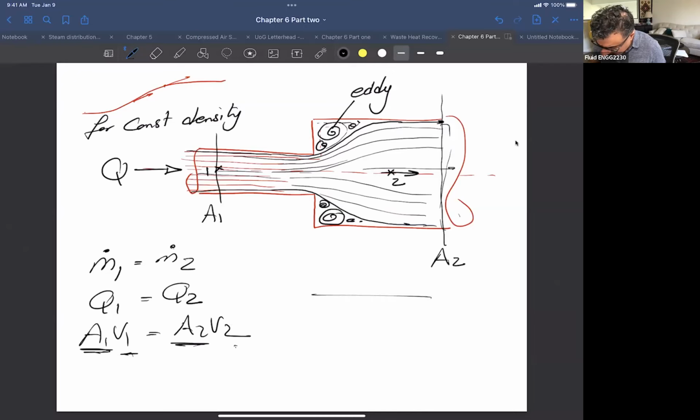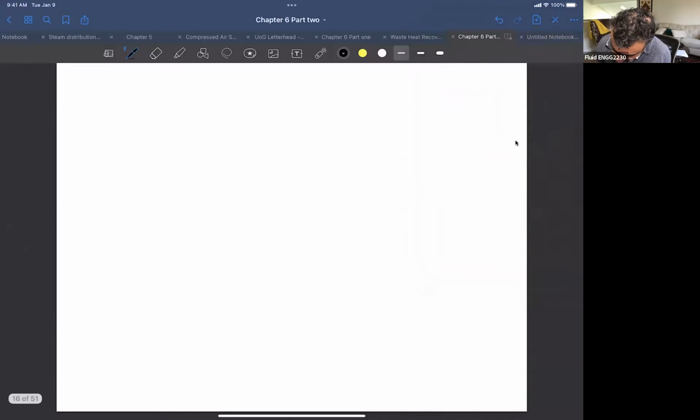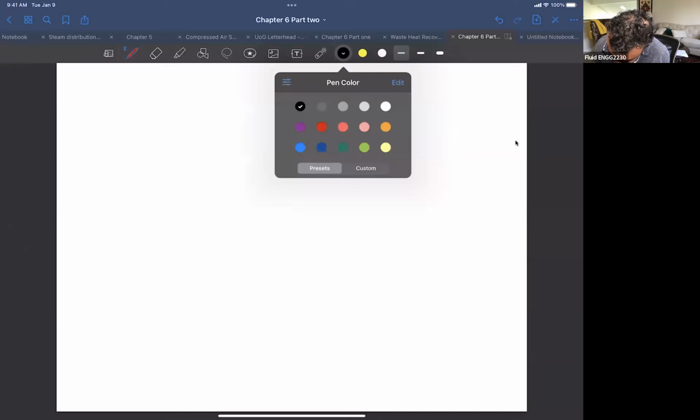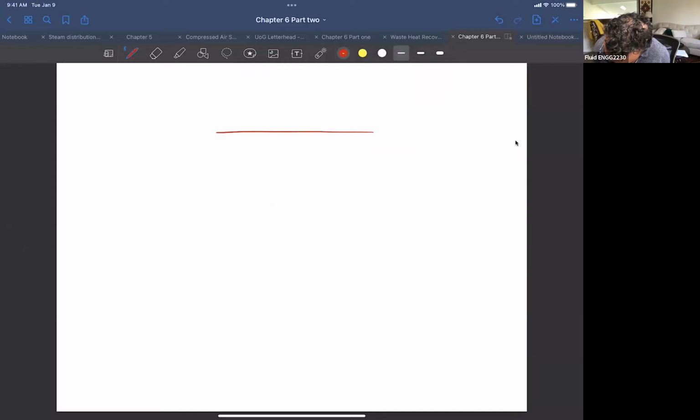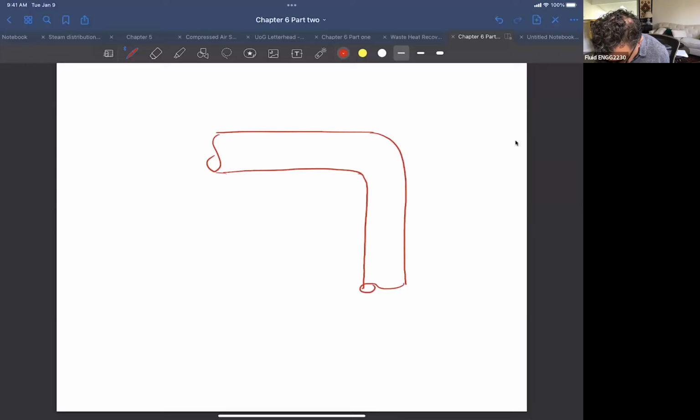How about changing direction, but with the same velocity? Let's see here. If we have an elbow like this, I'm taking a very obvious example here.